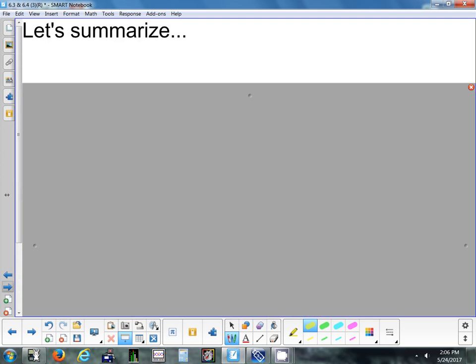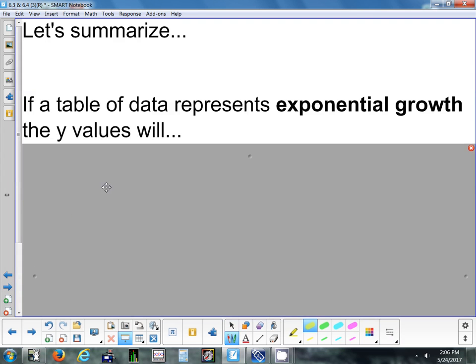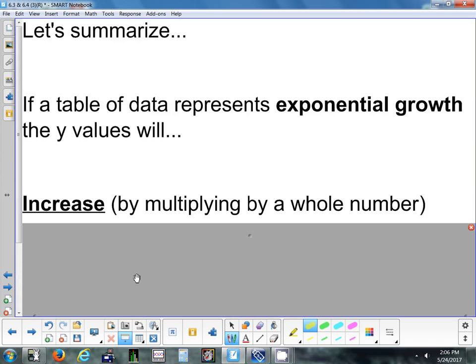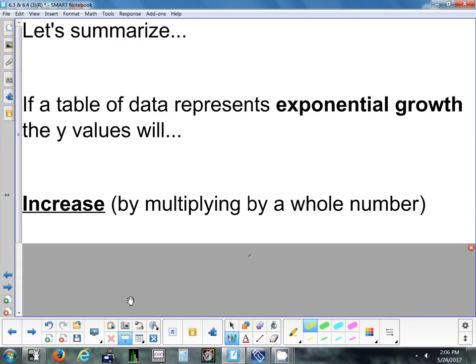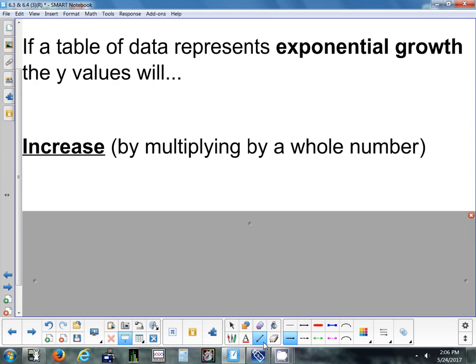Now, let's summarize. We just talked about this. If a table of data represents exponential growth, what's going to happen to the y values? They're going to increase, right? Good. So on the back side of your notes, we'll come back to that next part.